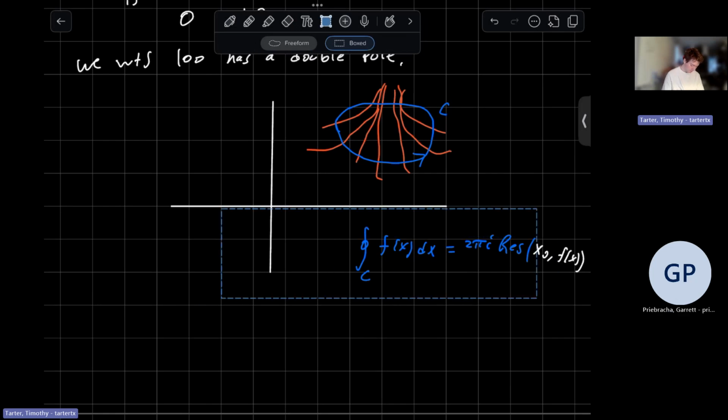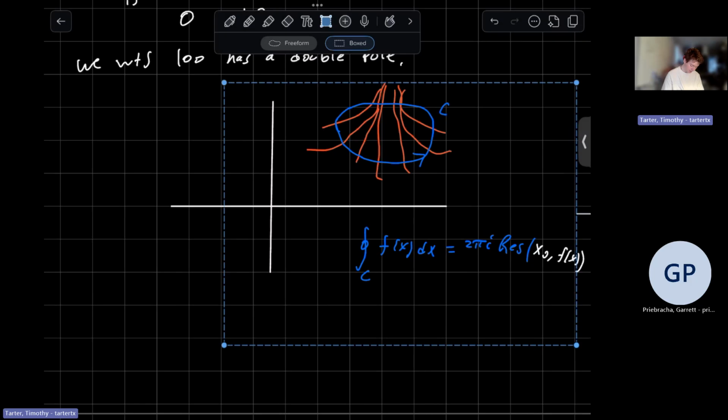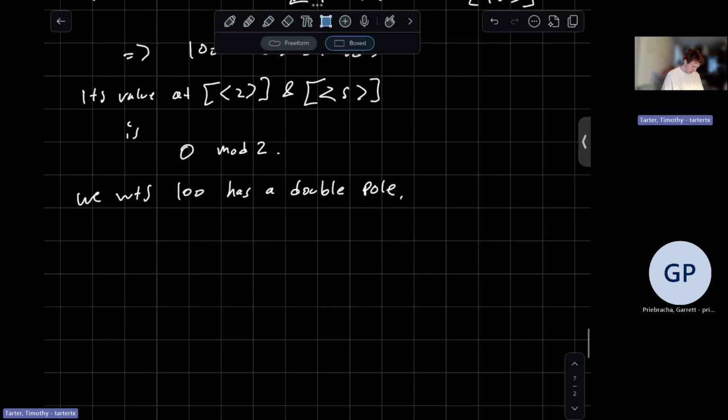It's a little outside of the scope of what we're doing, I think. Basically we want to show that it has a double pole at 2 because it has a double zero there.